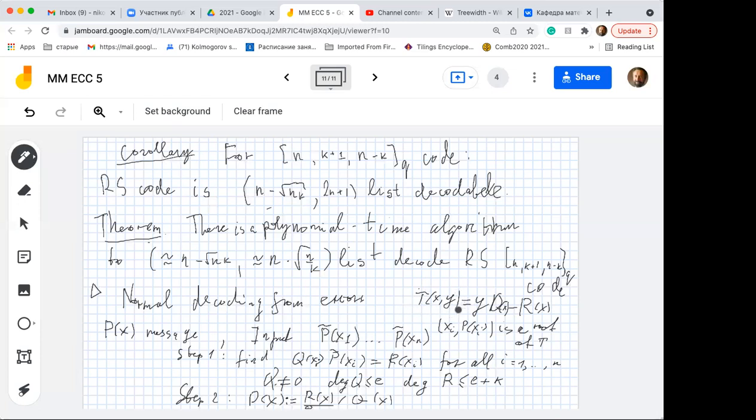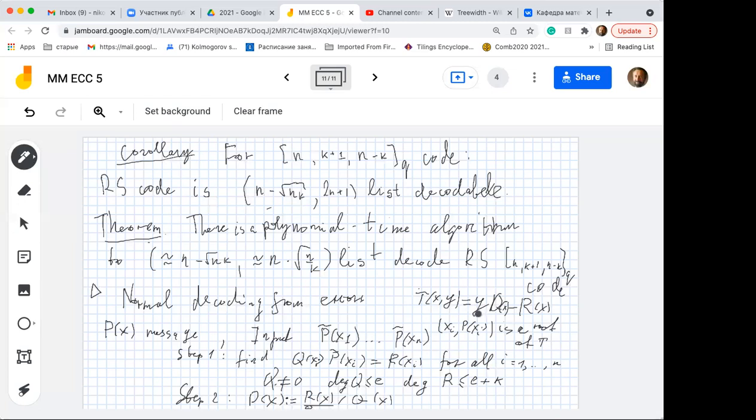Instead of finding a polynomial of two variables such that all these points are roots of that polynomial, we will find a polynomial whose degree in y might be larger than 1, but still we will have some upper bound of the degree both in y and x.